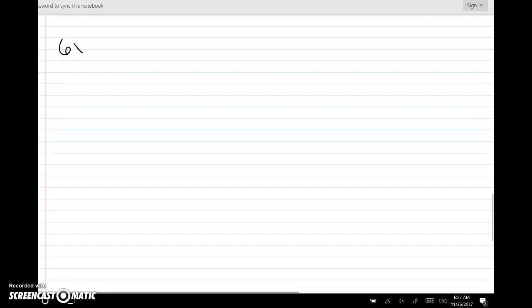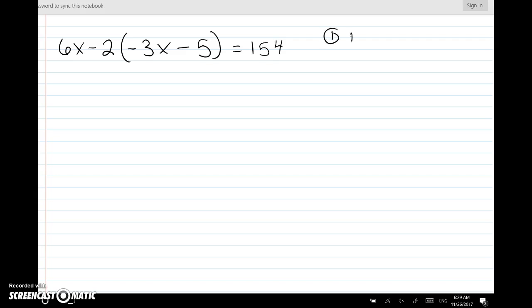Let's look at 6x minus 2 times negative 3x minus 5 equals 154. Again, we're going to start with the distributive property.